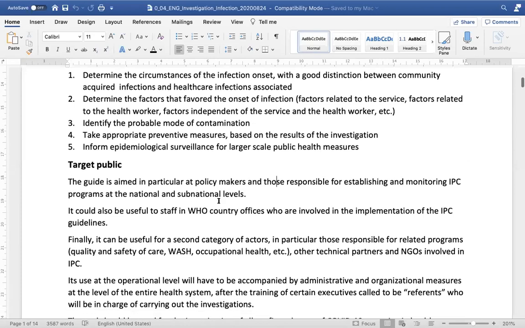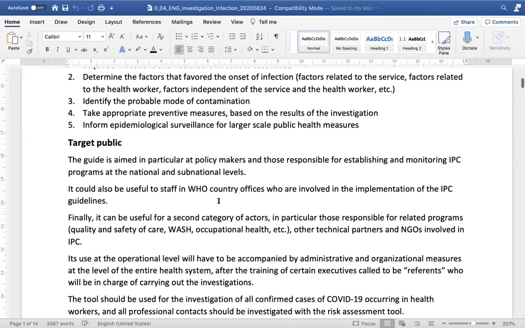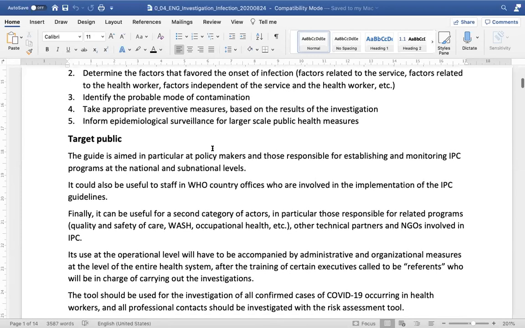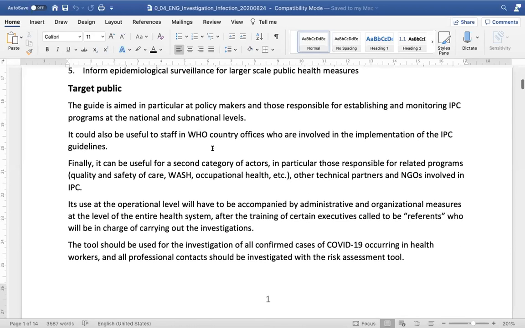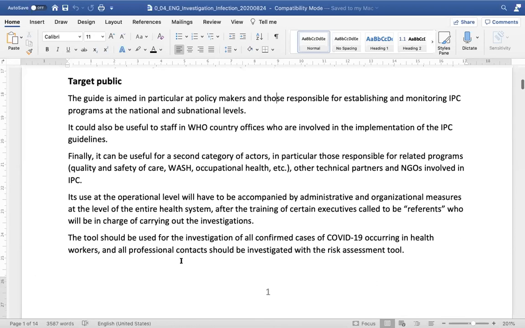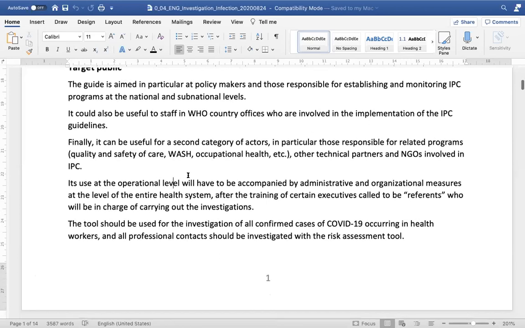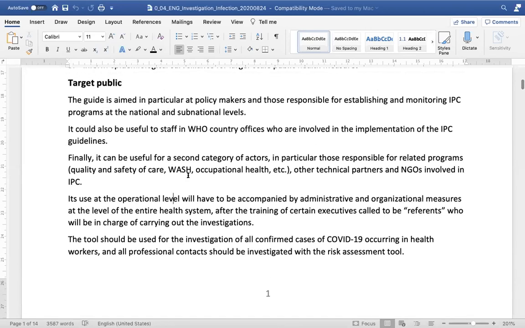The purpose is also to inform epidemiological surveillance at a larger scale, locally and nationally. The target audience, as was indicated, this is also a facility-based tool, but the information can be used by all at the different levels of service delivery.